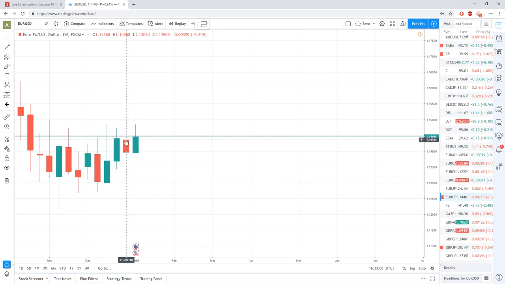But the week started with this price and ended with this price. This week that we have right now has started with this price. So pretty simple.